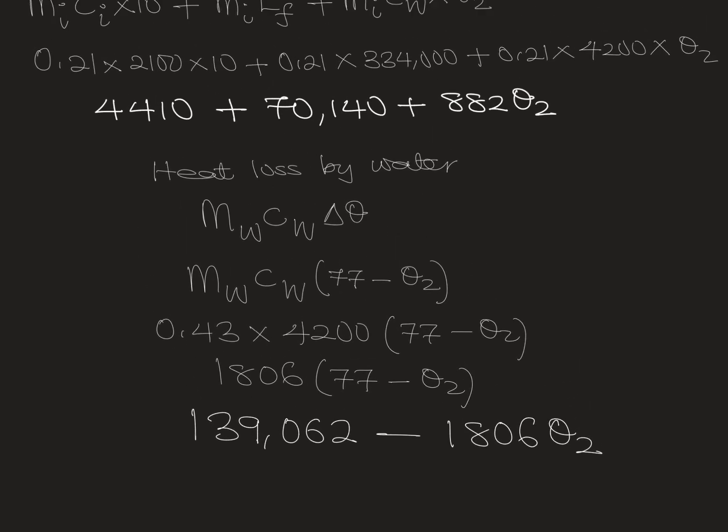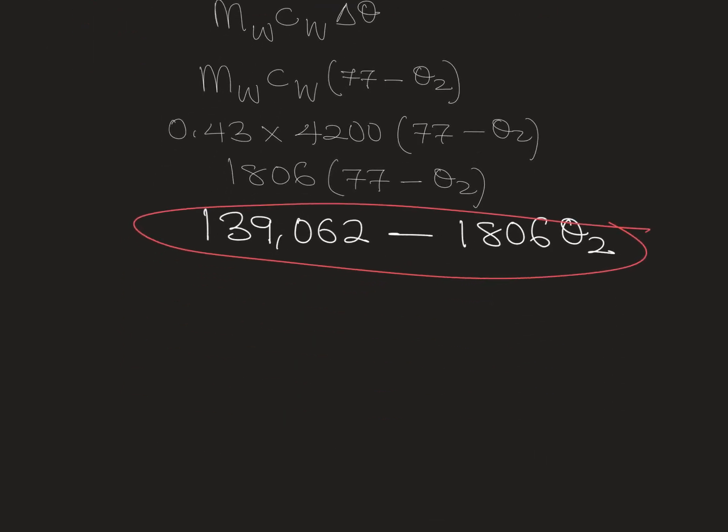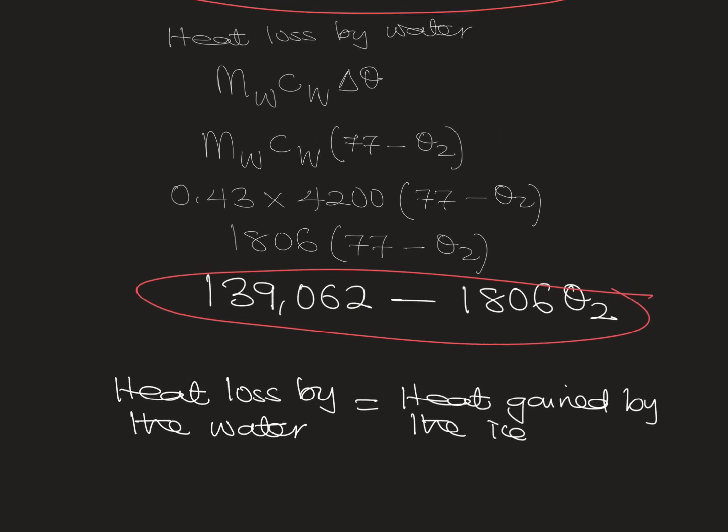So what can we do? We can equate the two equations that we have, by saying heat loss is equal to heat gain, or heat gain is equal to heat loss. The heat loss by the water is equal to the heat gain by the ice. So what is the heat loss by the water?